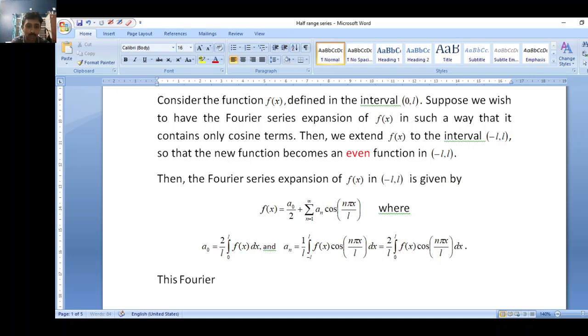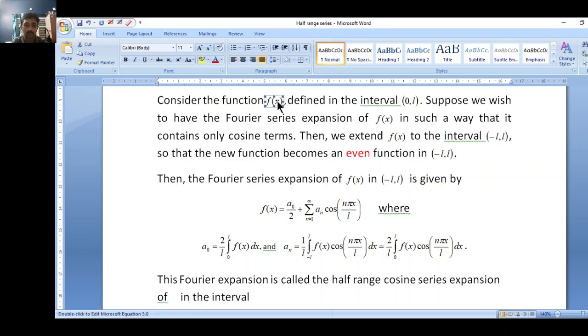This Fourier expansion is called the half range cosine series expansion of f of x in the interval 0 comma L. Why 0 comma L?